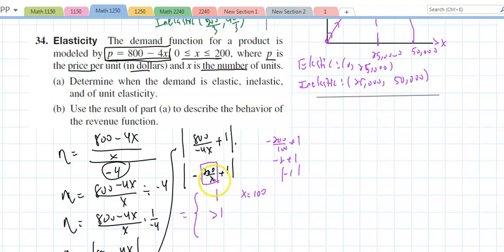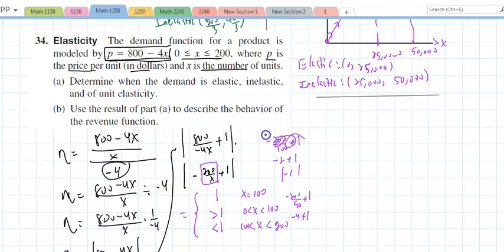If I made x smaller, if I let x be between 0 and 100, let's say x equals 50, negative 200 over 50 plus 1, isn't that negative 4 plus 1, which is 3? Isn't that bigger than 1? And if I want this to be less than 1, just have x be between 100 and 200.